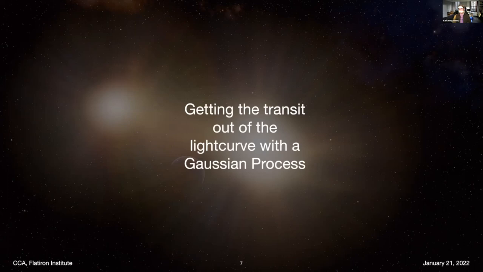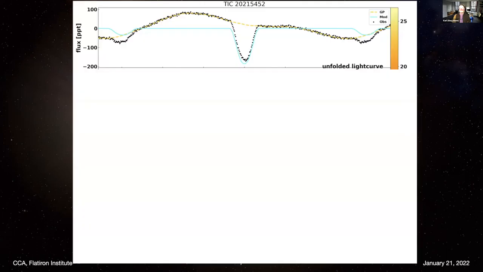And so this is just a simple illustration to show how the Gaussian process works to help the model fit the light curve. Here we have a very short period eclipsing binary, 2021-5452. This is the unfolded light curve, and you can see the initial transit model is overlaid in cyan with the Gaussian process in gold.